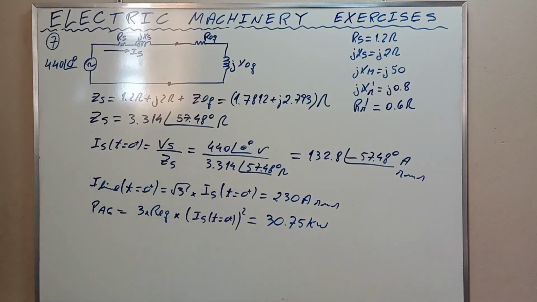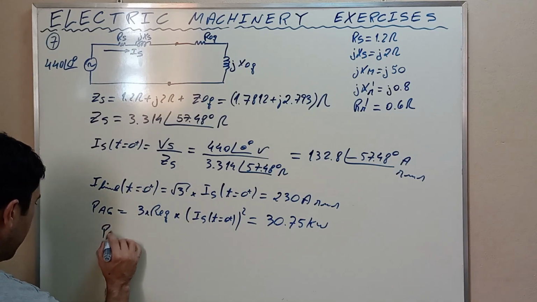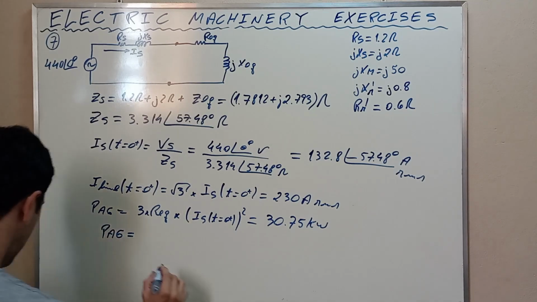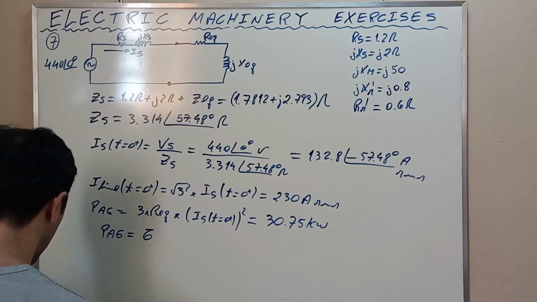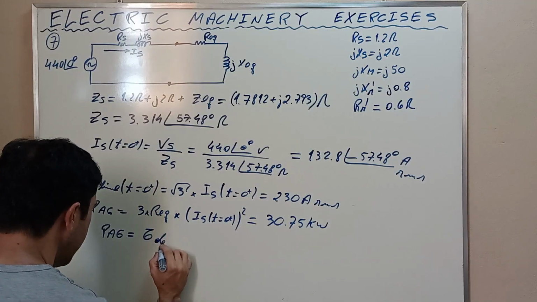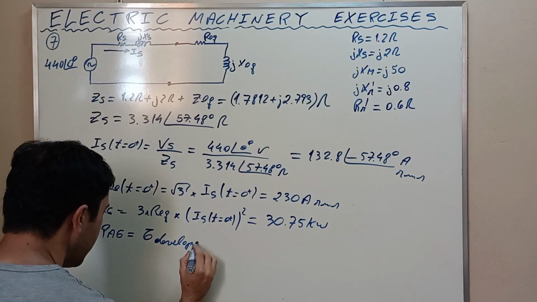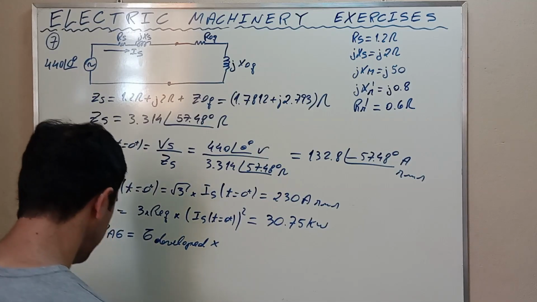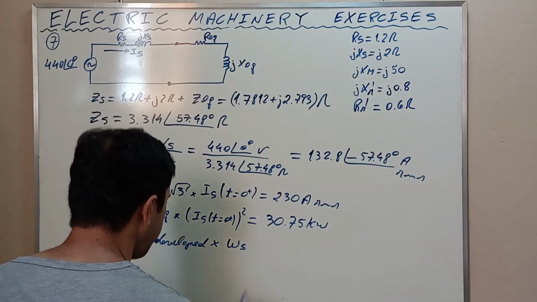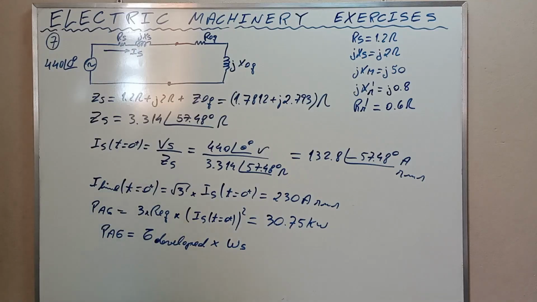And finally, we are going to use this expression here. PAG is equal to the torque developed times the speed in radians per second.